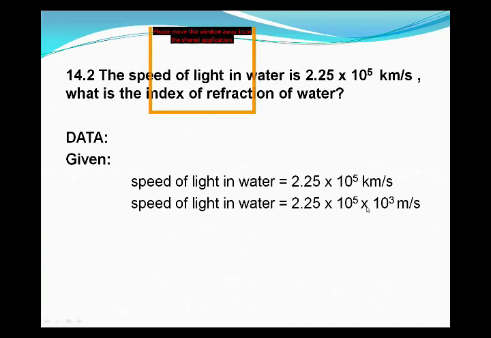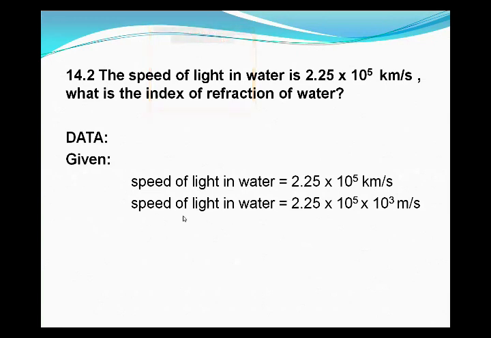We know very well, 1 kilometer is equal to how many meters? We know that 1 kilometer is equal to 10 raised to the power 3 meter. So in the next step, we will just replace kilometer with its value, that is 10 raised to the power 3 meter per second.